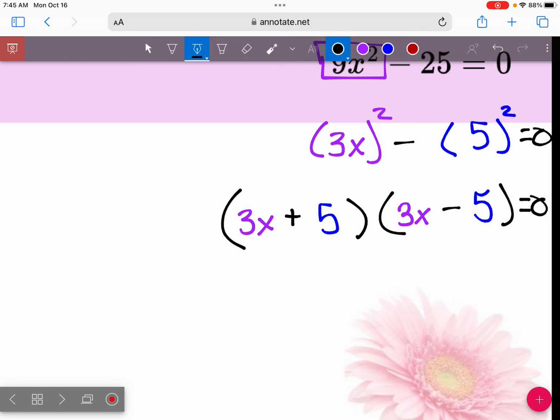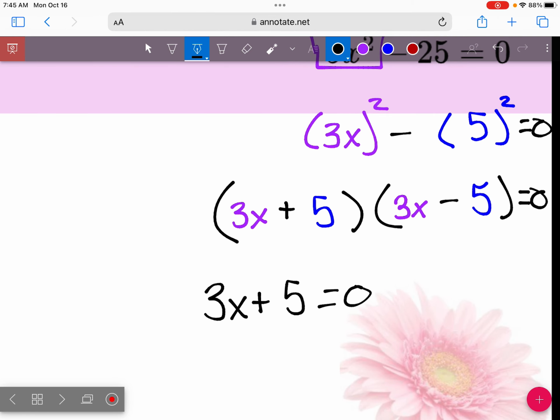So then to solve it, we set each term equal to 0. We want to know when does 3x plus 5 equal 0, and we want to know when does 3x minus 5 equal 0.